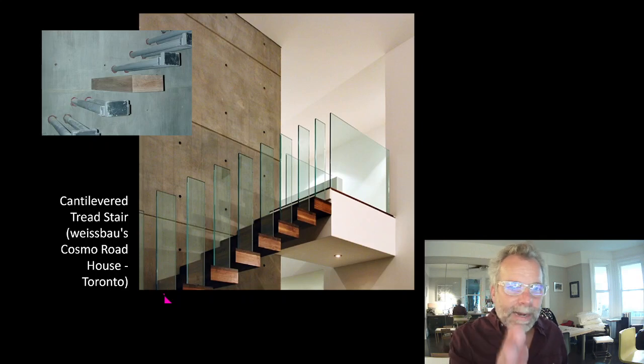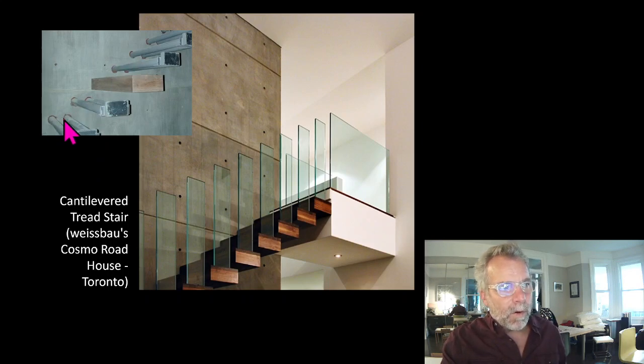We're not going to put cast-in plates. We're going to pour a really clean wall, and we're going to core drill into that wall pairs of holes into which we could slot and epoxy a pair of pipes. So each one of these treads is a millwork box that's designed to slip over a pair of pipes which cantilever out of the wall.